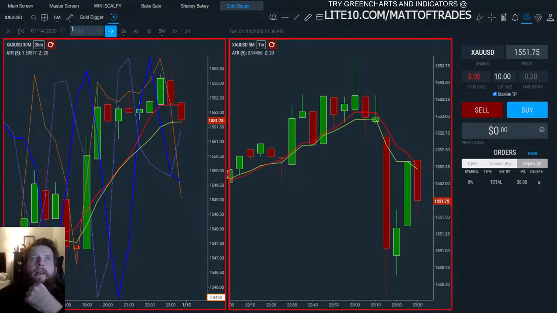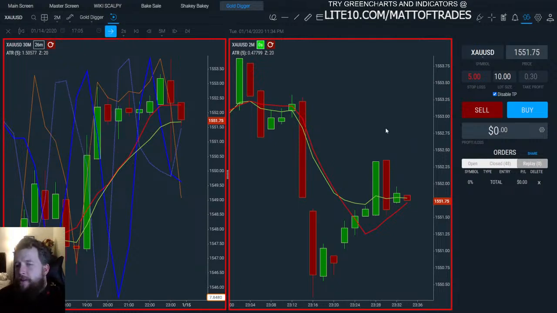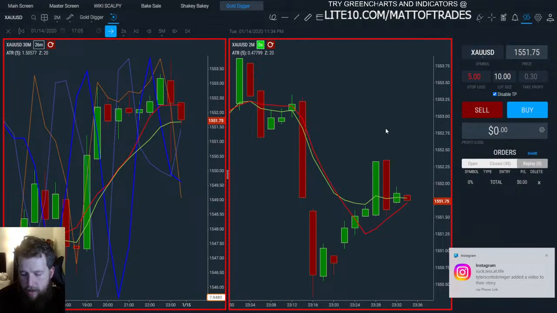And a 2-minute chart. This will be interesting. I've honestly never used a 2-minute chart before, so it'll be interesting to see how that goes.